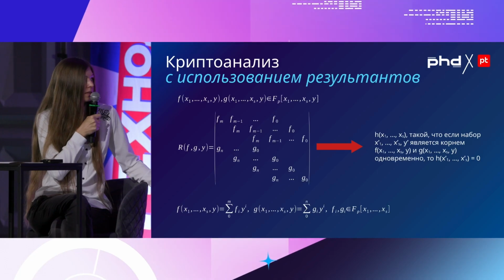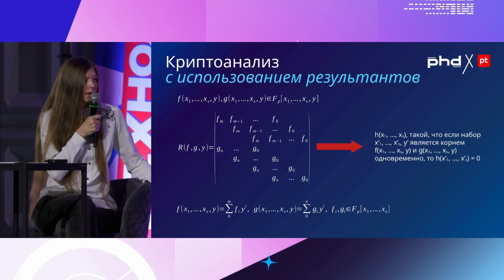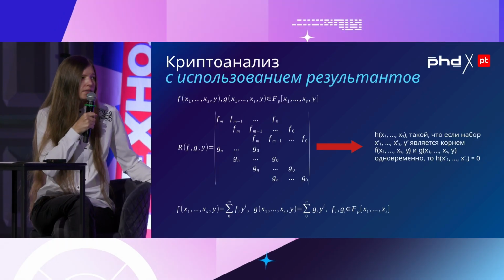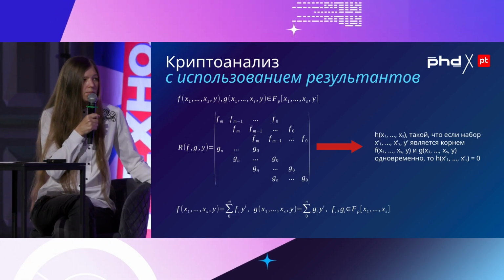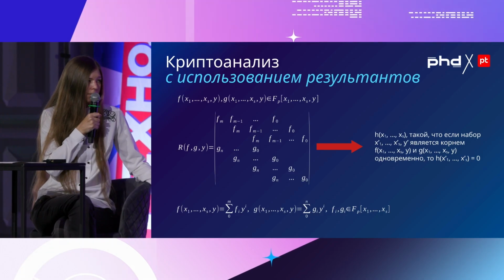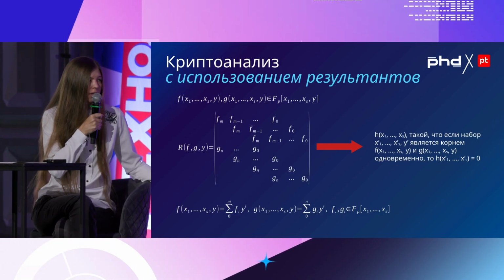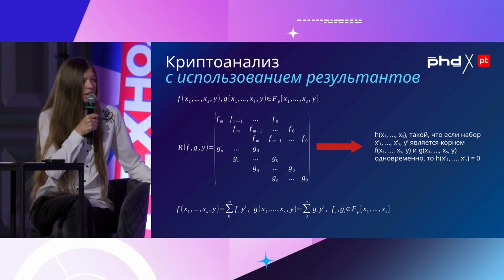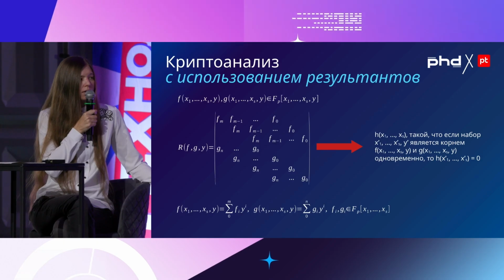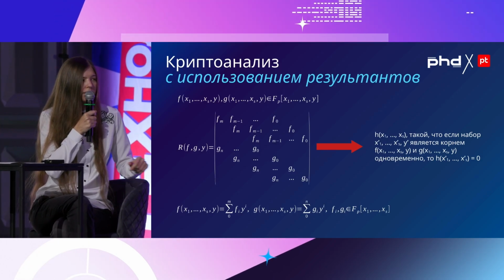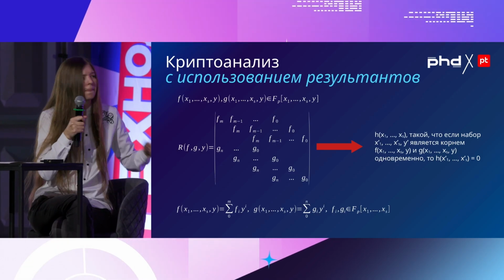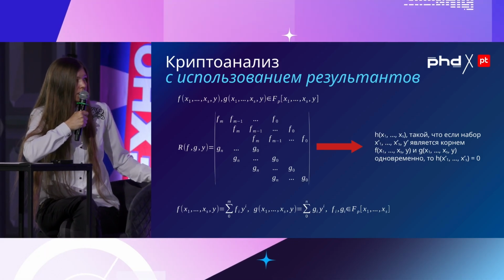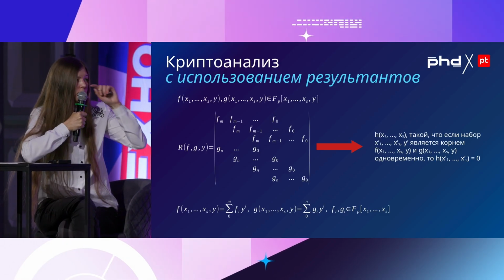We take the coefficients derived like this and put them in a matrix. We get its determinant, and as the output, we get the polynomial h in x1, x2 and so on, such that if a set of variables x1', x2' and so on are roots of f(x) and g(x) simultaneously, then h(x1', x2') will equal 0.